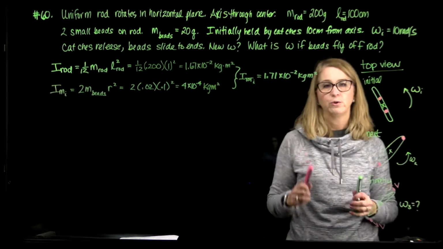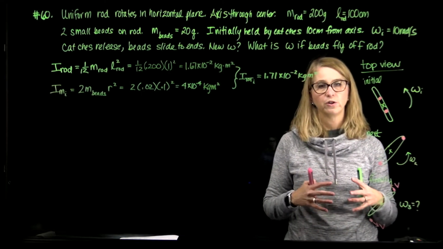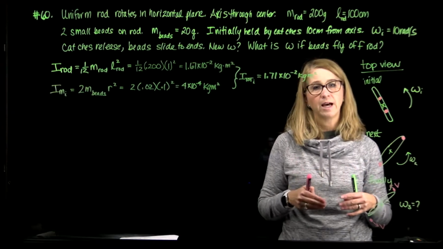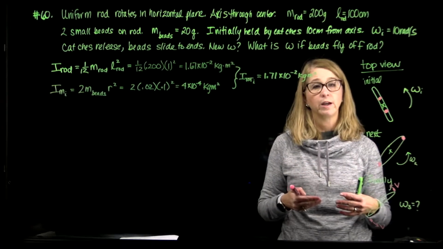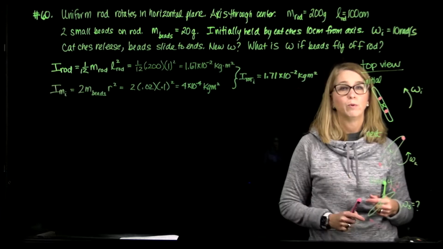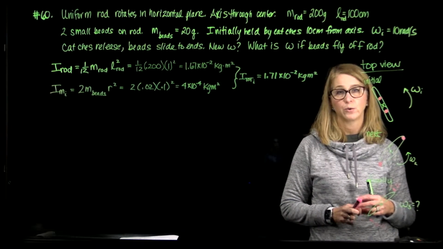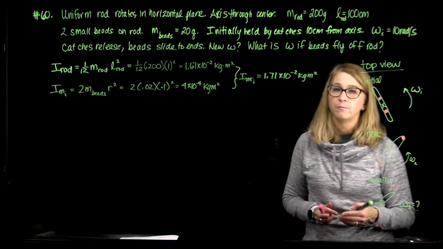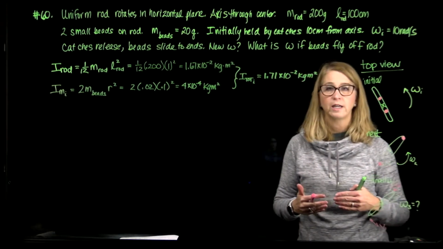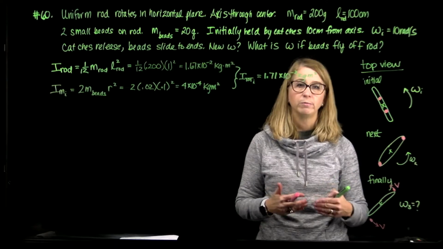If we add those together, the total moment of inertia initially, that of the rod with the beads where they are, is 1.71 times 10 to the minus 2 kilogram meters squared.